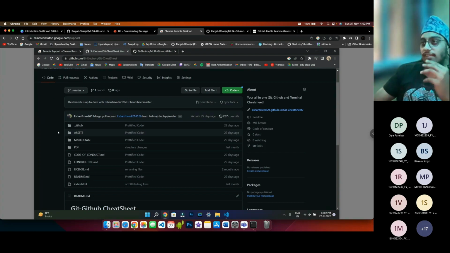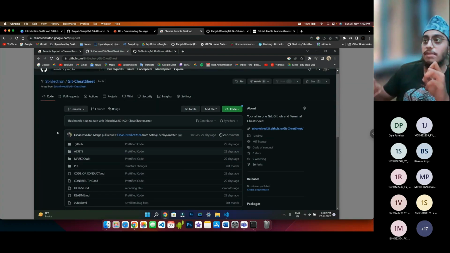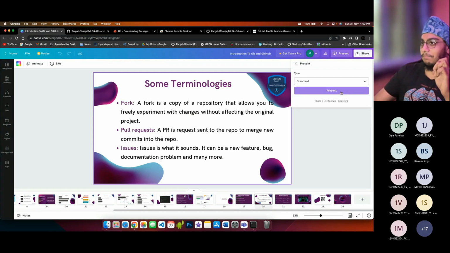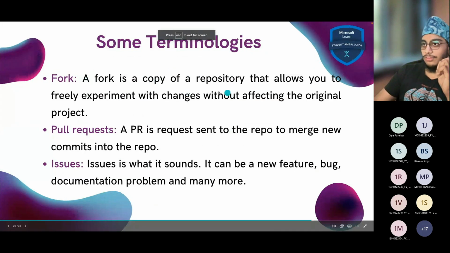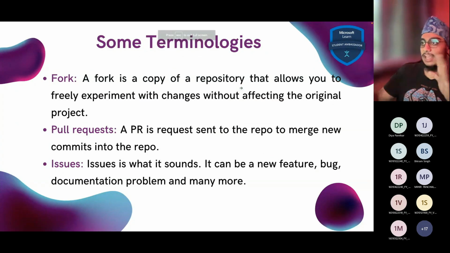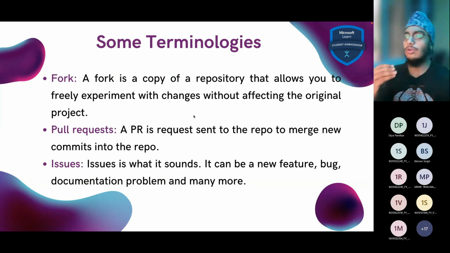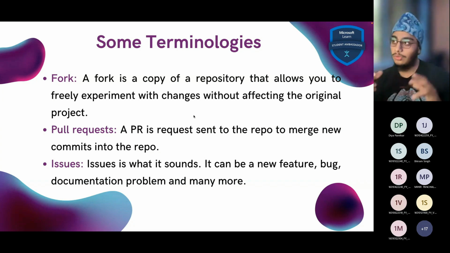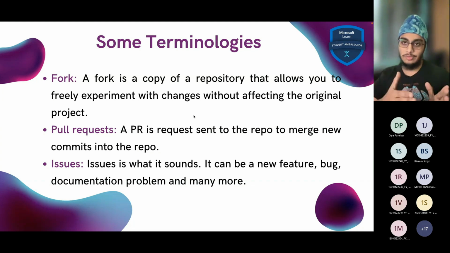And then after they have added those features, they can actually make a pull request, and that's where the concept of pull request comes in. Since we have created a fork originally, we can freely experiment with the project and play around with the code without concerning the actual code, and now we can make a pull request. So a pull request or a PR is a request made to the original repo from which I cloned it, so that I can actually merge that code.